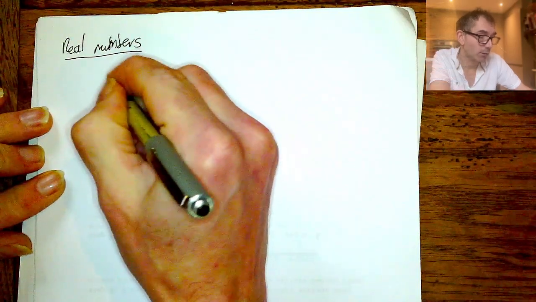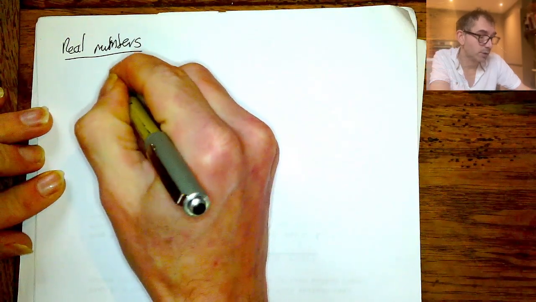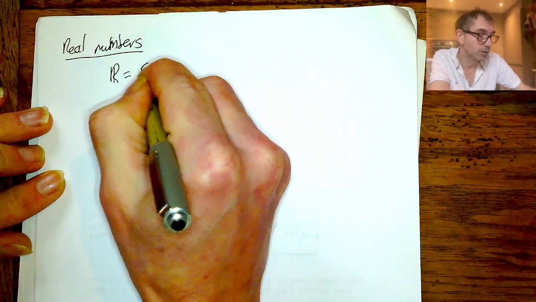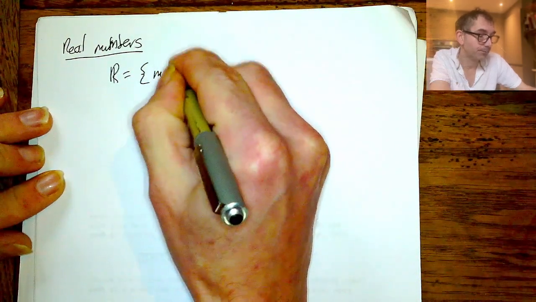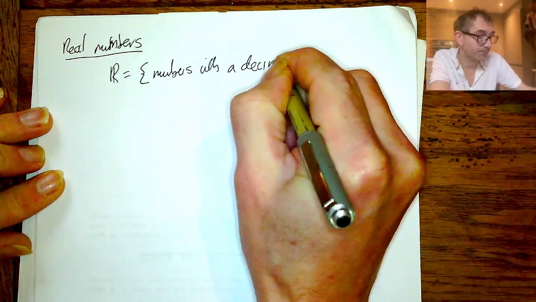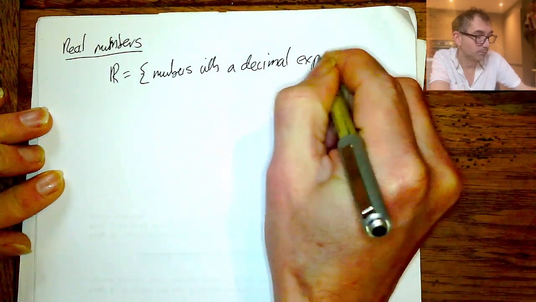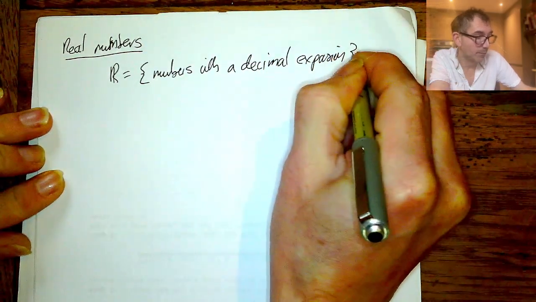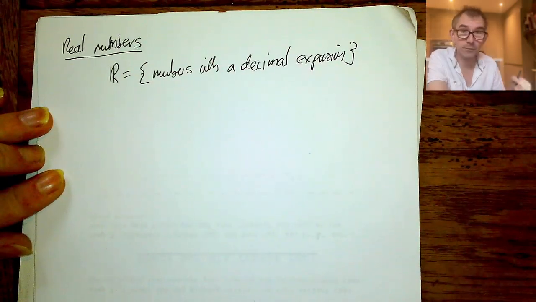So real numbers are just the set of numbers with a decimal expansion. And we're going to think of all of the decimal expansions as giving different real numbers.